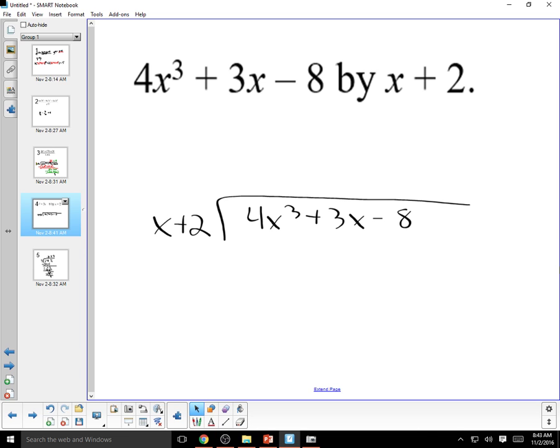Do you go based off of x? You only divide the first ones, remember? When you divide, it's only the first one. When you multiply, it's going to be everything. Good.